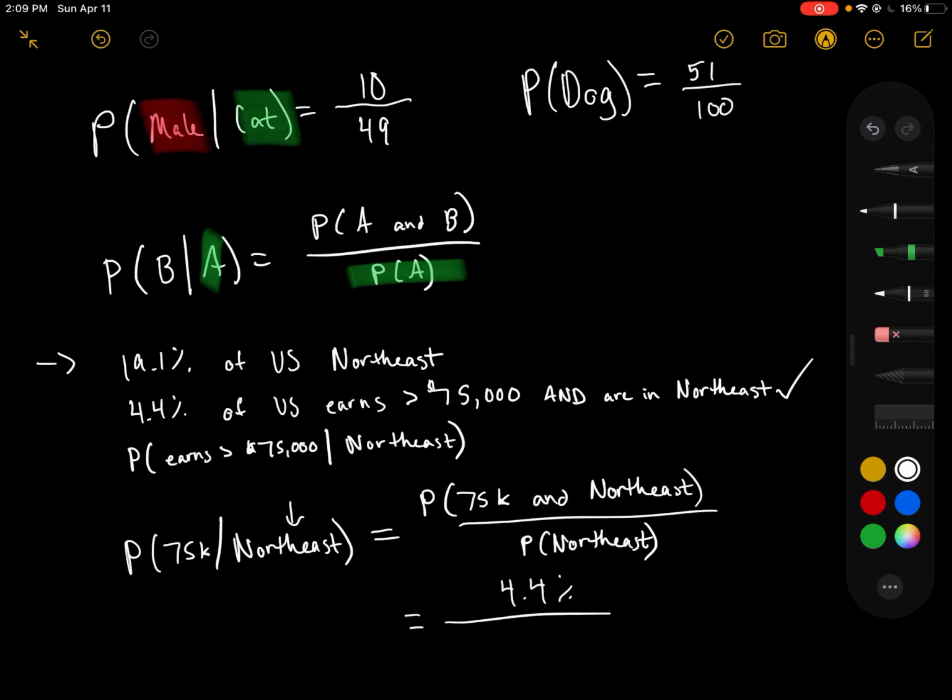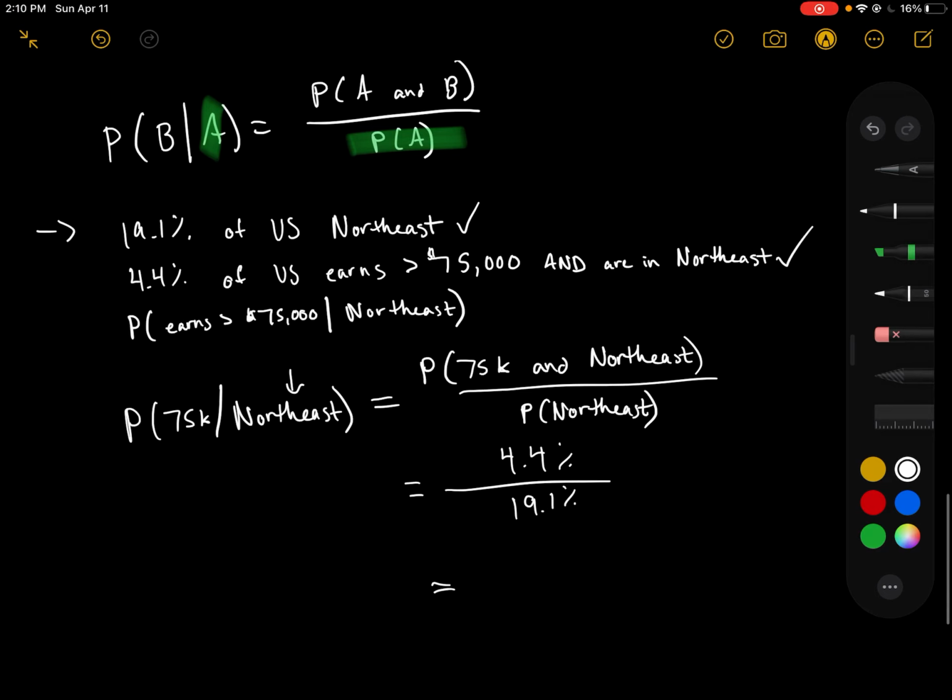On top, the probability of both is here. They give that to us, that 4.4%. And on the bottom, the probability of just the Northeast, they give it to us as 19.1%. So we can solve for the final answer by just dividing those two quantities. 4.4 divided by 19.1 gives us about 23%.